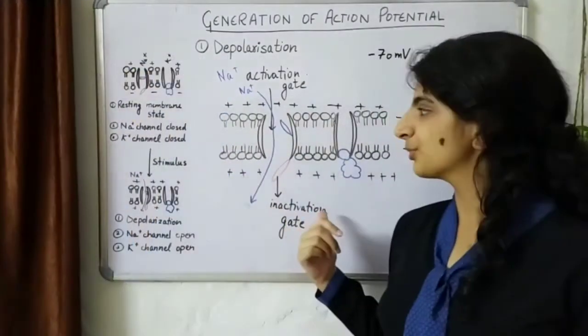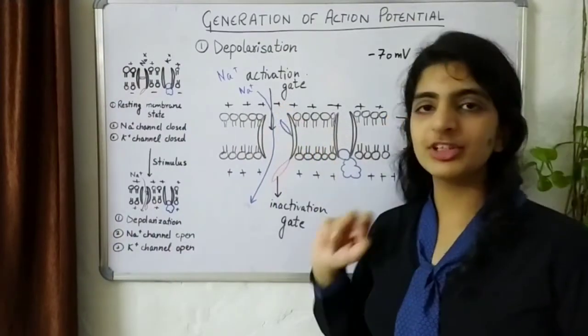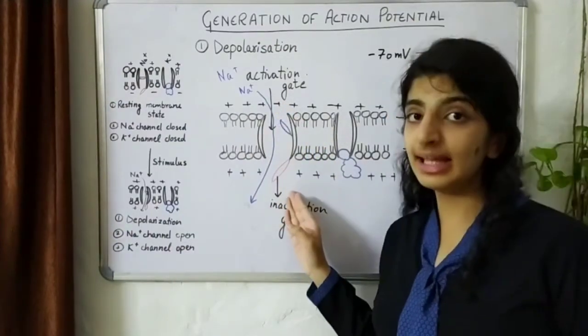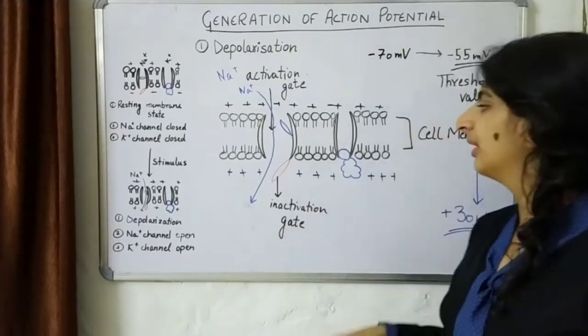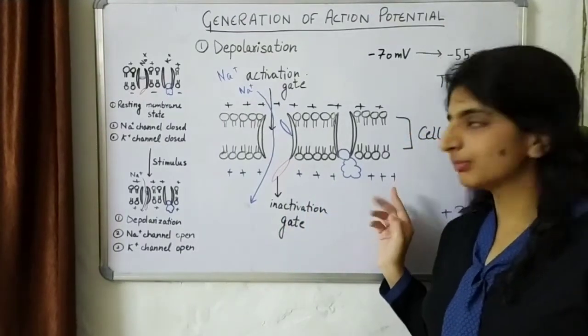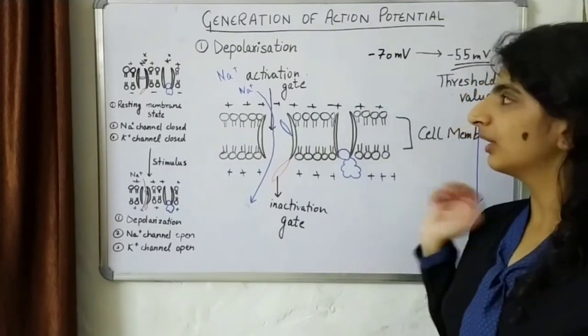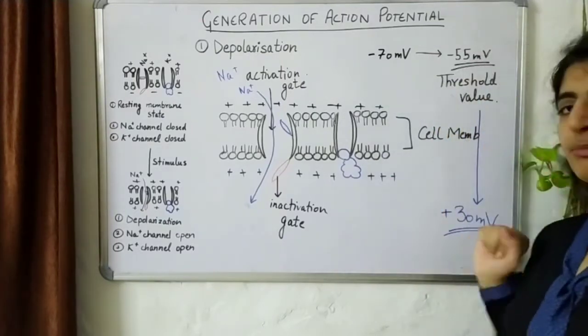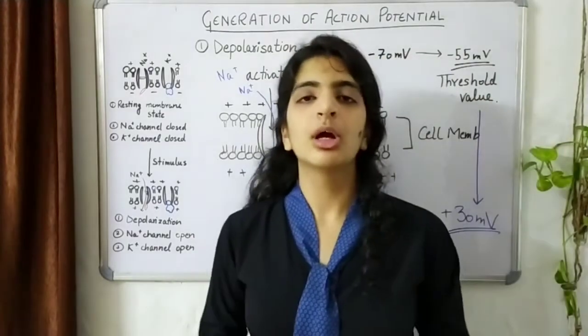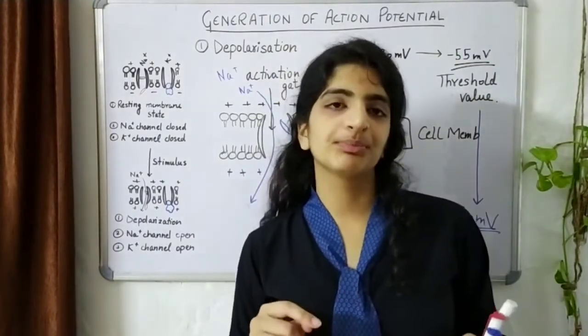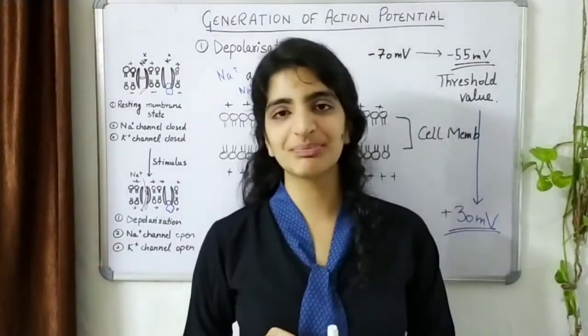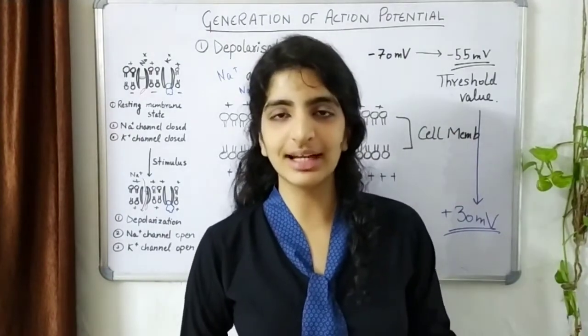So now in this situation, our activation gate is open, our inactivation gate is also open, but the potassium channel is closed. Now this will occur till it reaches a positive 30 millivolts. But now, let's say you're standing out of that house, you'll go back eventually, right?